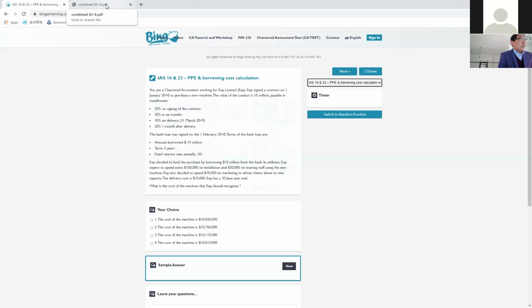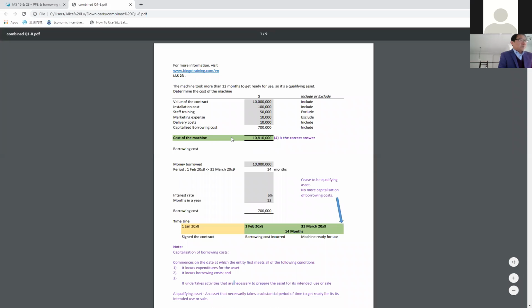Okay, so here you can see that in our schedule, and again, I recommend you go through a similar exercise, you can look at the asset in the contract terms, and then you break it out into these various components. So the value of the contract, you've got the installation, you've got the staff training, you've got some marketing, you've got delivery, and you've got this capitalized borrowing cost, okay?